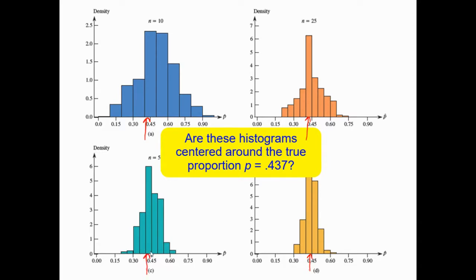And right there. So what do y'all say? Do they look approximately centered around our true mean? What is the mean again? 0.437. Yeah, it looks around there. The first one, that doesn't look too good, but for the most part, overall, they seem to be pretty close to it. We could say, yeah, they're approximately centered around it.